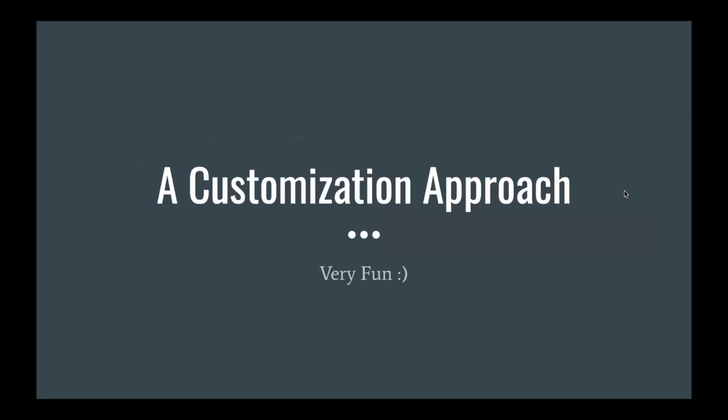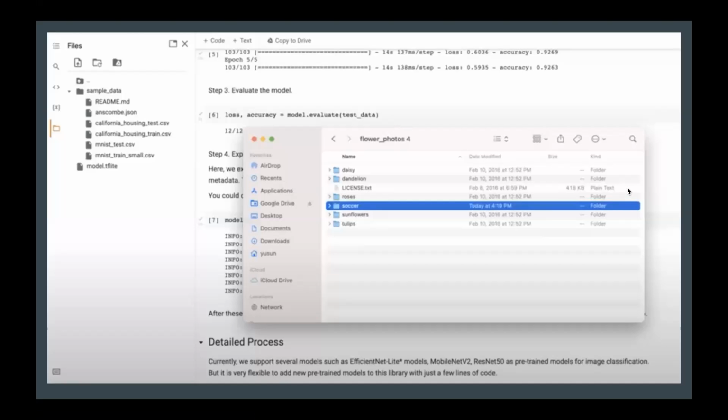And here is an example of a customization approach, which is very general. In this case, I'm showing you how we can partition all the data. In this model, we can call it flower photos, and there are different labels. The labels include daisies, dandelions, roses, soccer, sunflowers, and tulips.